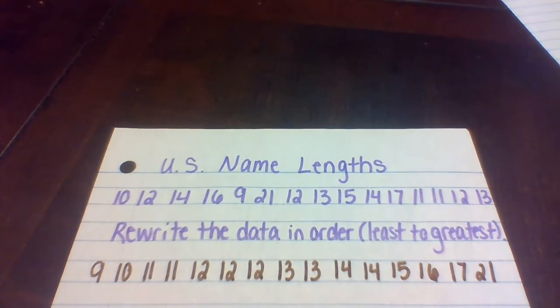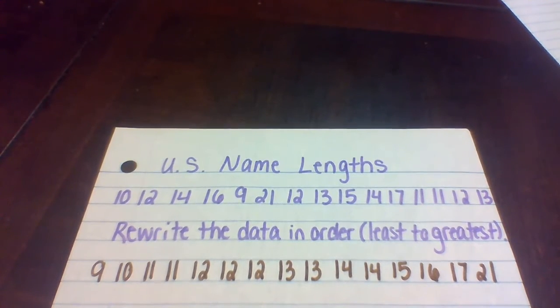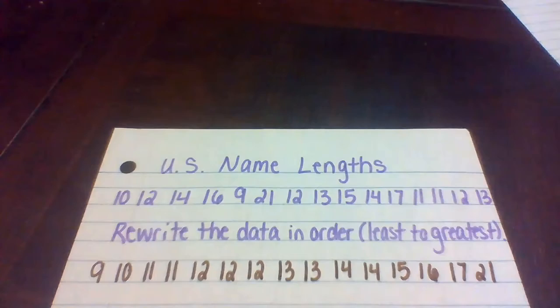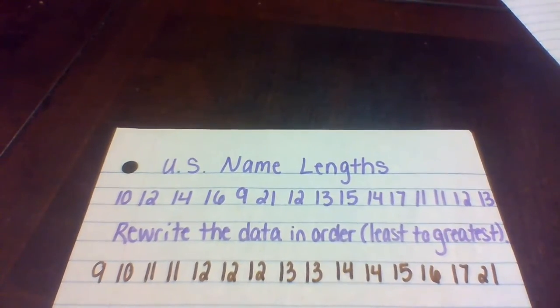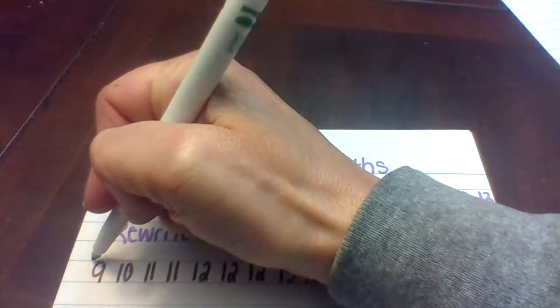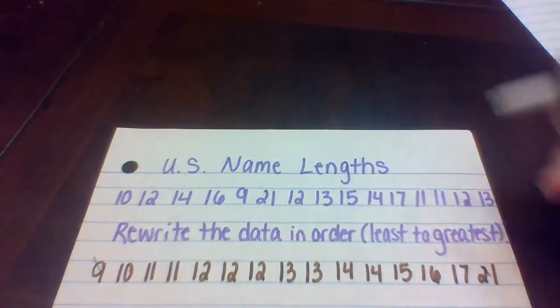So I have an odd number of pieces of data, which tells me my median should be a number that I can circle. So I can count over 7 and circle the next number, and I should have 7 on the other side of that number as well. Or if you like to, guys and girls, and this is what you've learned in elementary school, cross a number out on each side.